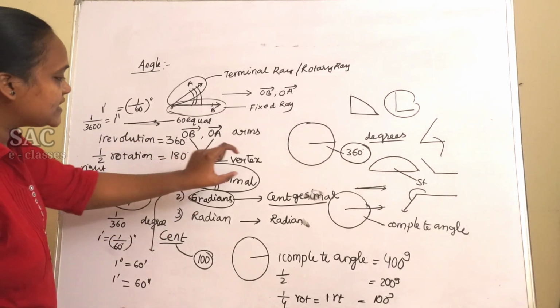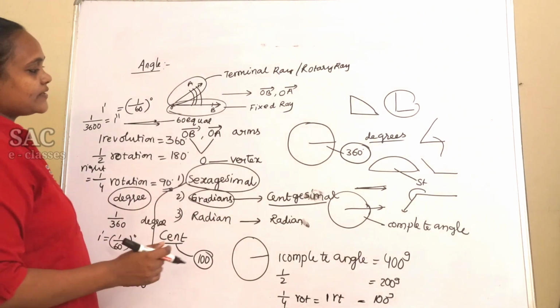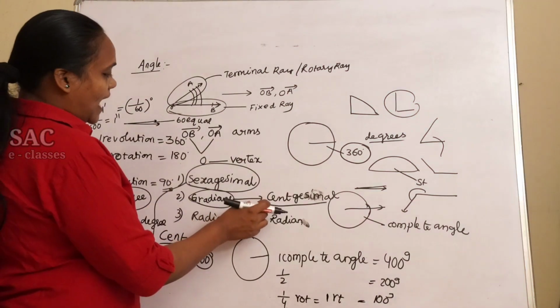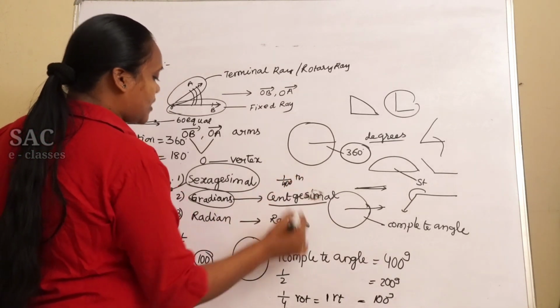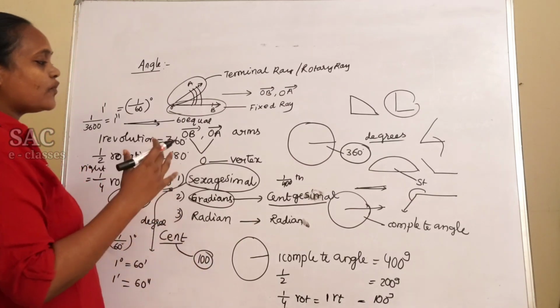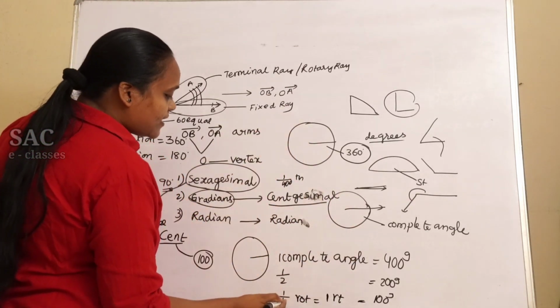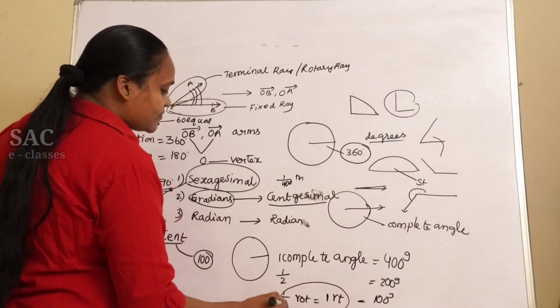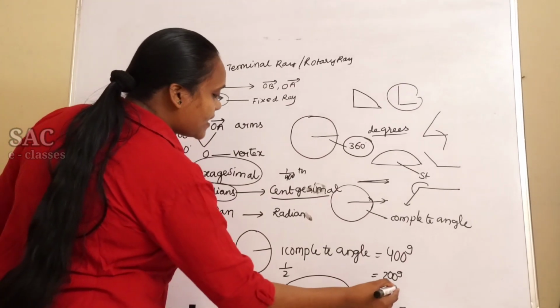Then what is the centesimal? As we discussed, in any system, the measure of an angle is 1/400th part, which is called a grade. Such 400 grades make one complete angle. Like that, 1/4 of the rotation, which we usually call a right angle, is 100 grades.